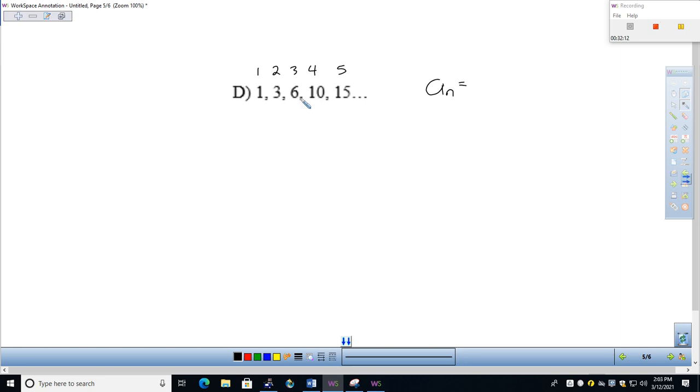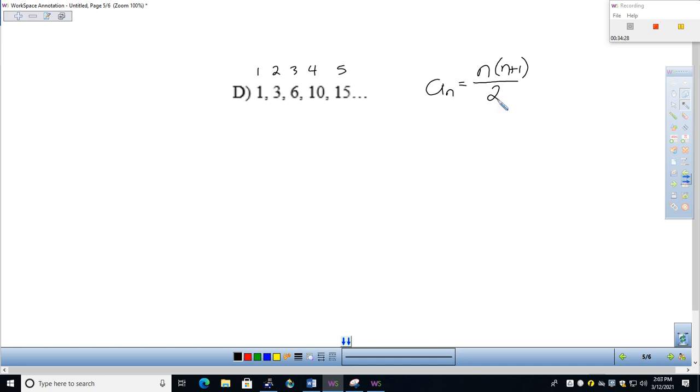So now that you know that, how can I represent that? This is important in terms of notation. So how would I get a sub n? Well, if you look, to get this, I took the current input, which would be n, times the next input, which would be that number plus 1, and I would divide by 2.